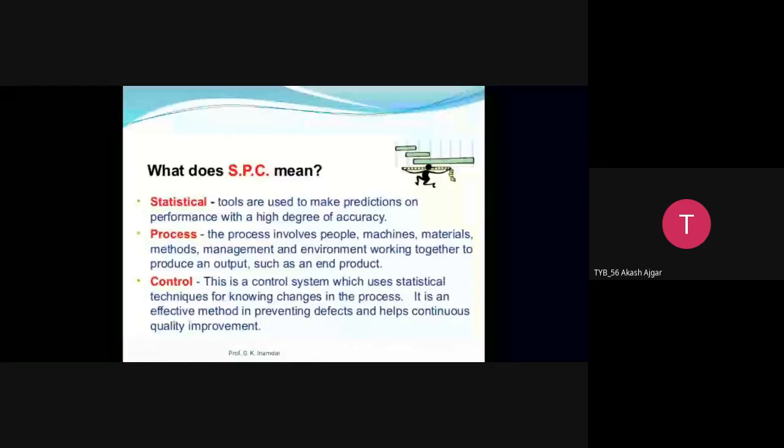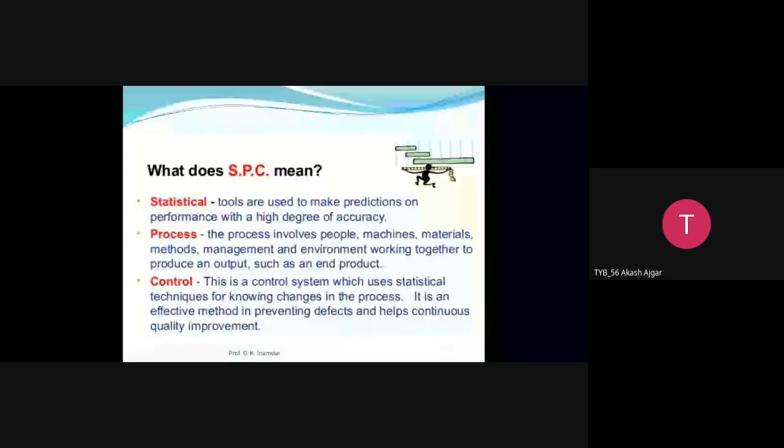And the last one is control. Control is a system which uses statistical techniques for knowing changes in the processes. Controlling is one of the most important parts in any SPC or any method. Here we have to adjust and take corrective action according to the process.